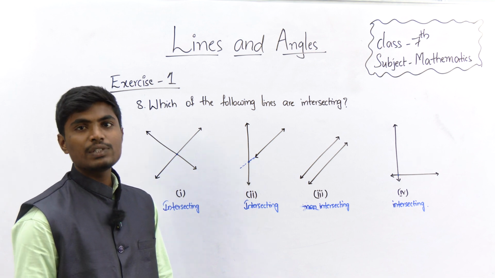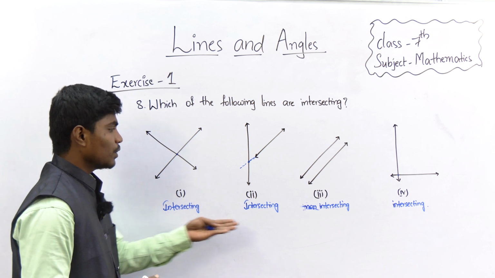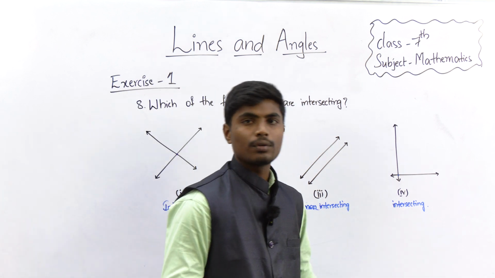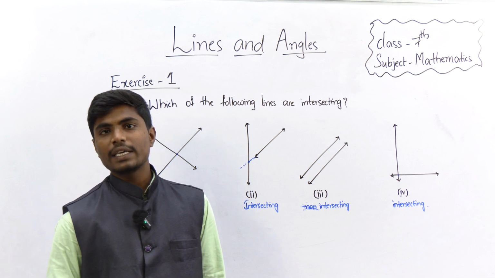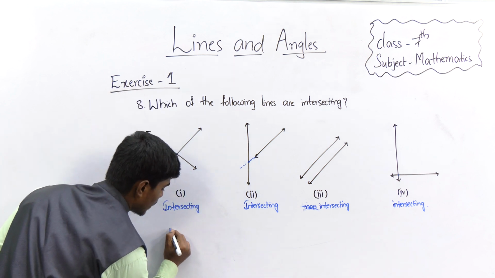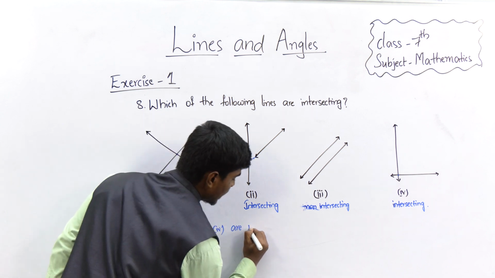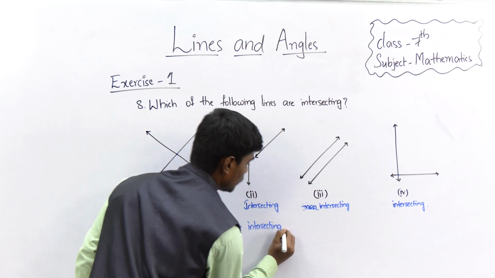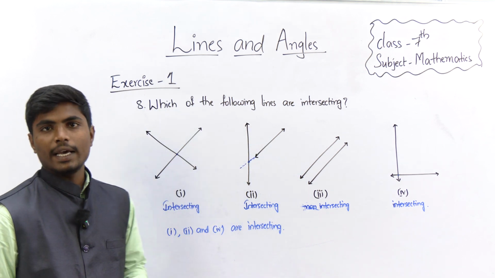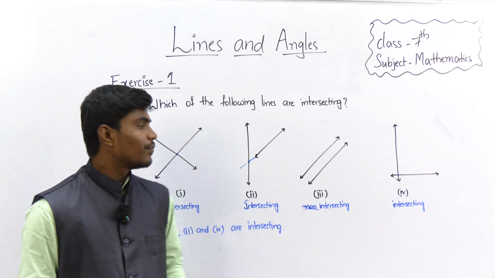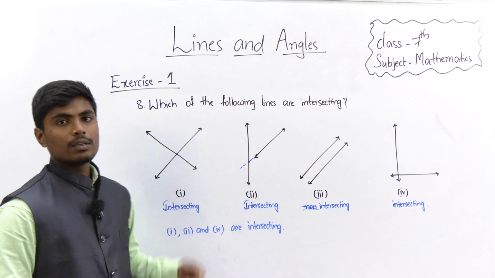Which figures are intersecting each other? 1, 2 and 4. These three figures are intersecting. So 1, 2 and 4 are intersecting. Okay, this is the solution for the 8th problem, and with this problem we have completed our exercise 1.